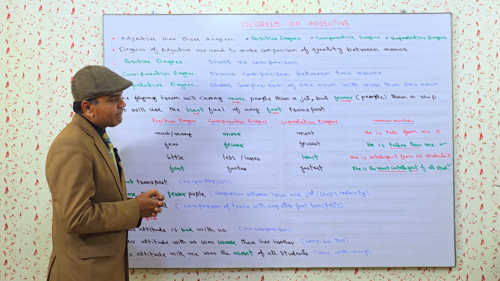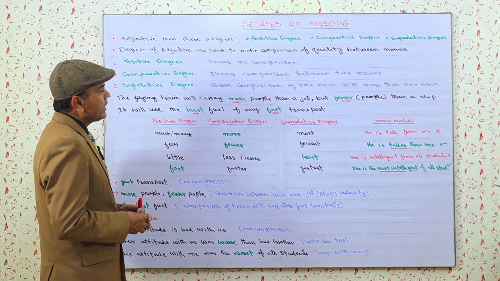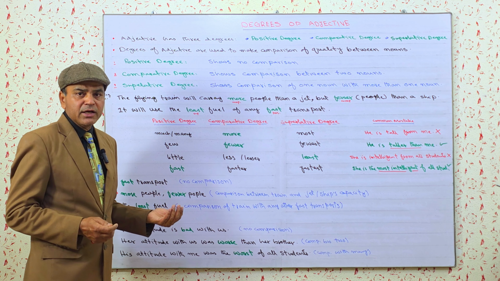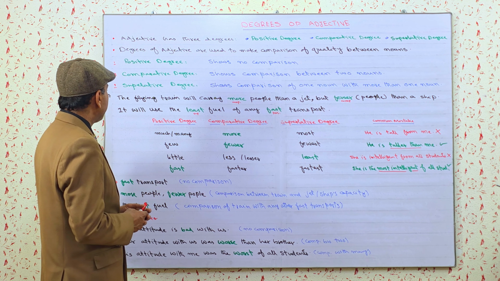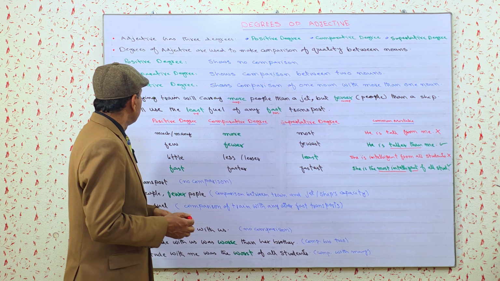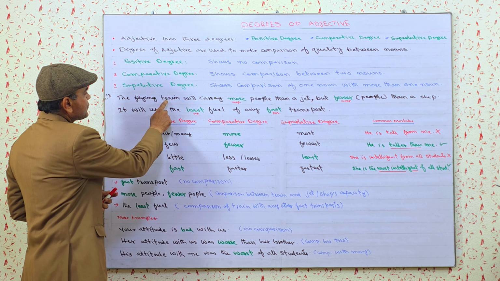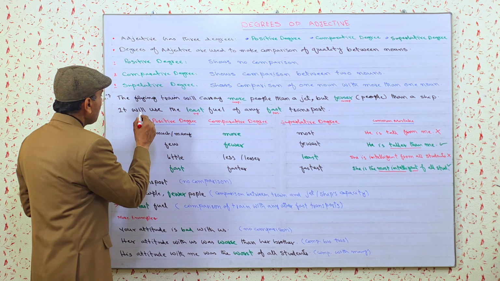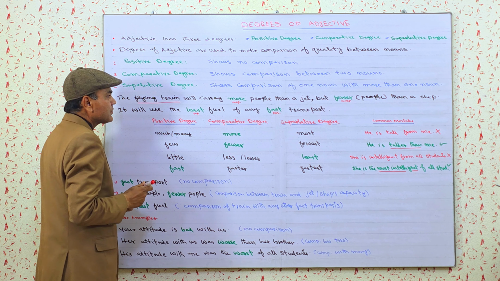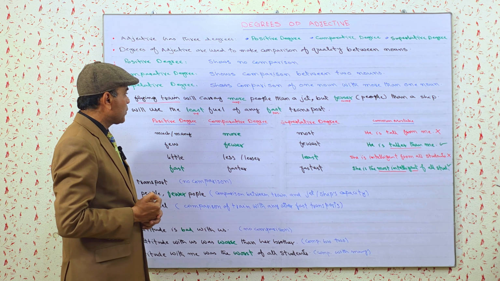Let us have a look at another practical example of the degrees where they are used in a natural paragraph, a practical paragraph that is part of some newspaper or some report. Let's have a look at it. The flying train. Now here the comparison of the flying train will be made with different other transports.